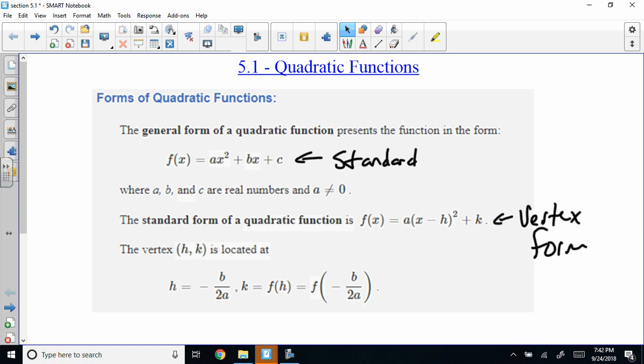Is everybody with me on that? So you're going to be able to take a quadratic and find the vertex of it, and tell whether it opens up or opens down, and what the axis of symmetry is, and so forth.